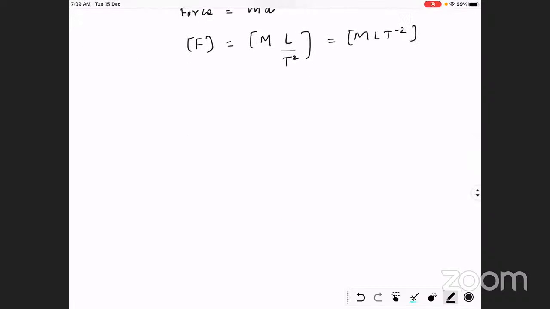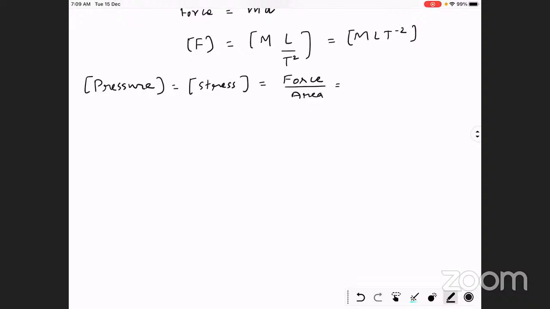Force. And then we can talk about pressure. Pressure and stress have same dimensional formula, but they are different. Force upon area. When force is perpendicular to entire area perpendicularly, it is called pressure.